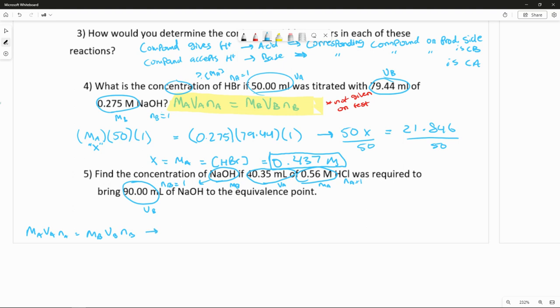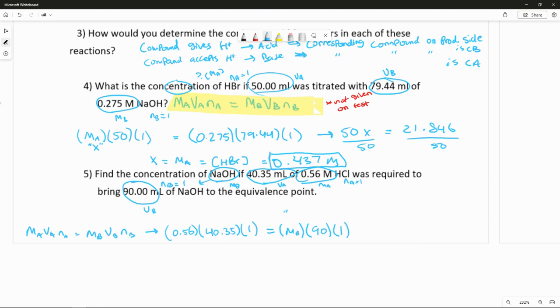So we take Ma, which we know is 0.56, and Va, which is 40.35, and we take the Na, which we determined here, that was 1, so we take 1 equals, we're going to solve for the concentration of NaOH, Mb, which is unknown, times volume of the base, 90 milliliters, we found that here, 90 times our N value for B, which is going to be 1 as well.